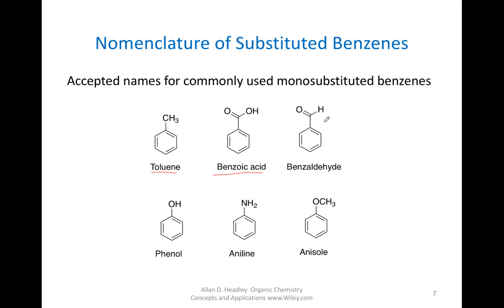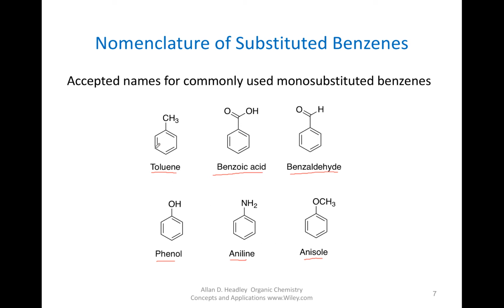If it has the aldehyde, it's benzaldehyde. If it has the OH, it's phenol, the NH2, it's aniline, and OCH3, it's anisole. So you may want to remember these names or have them handy so you can readily recognize that feature in a molecule if you're naming a molecule.